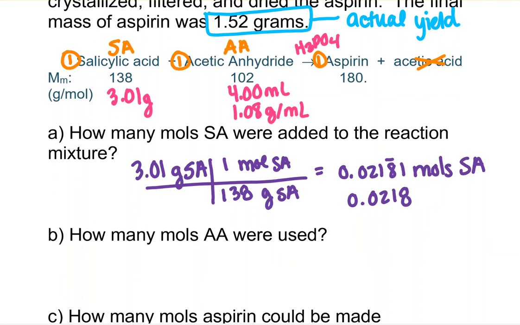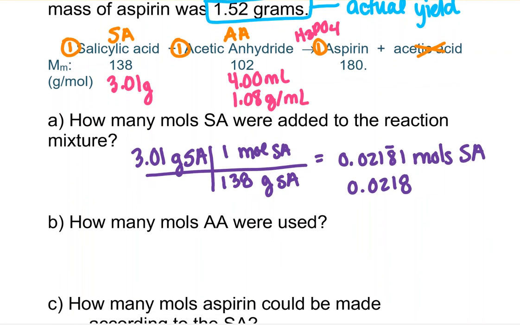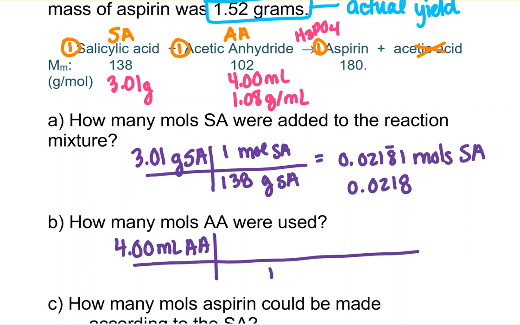How many moles of acetic anhydride were used? This is the trickier one. You use the volume of acetic anhydride, and to get to moles you have to go to grams first, and this is where we use that density.